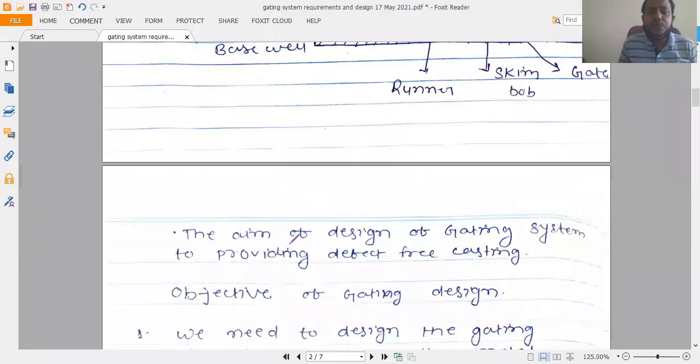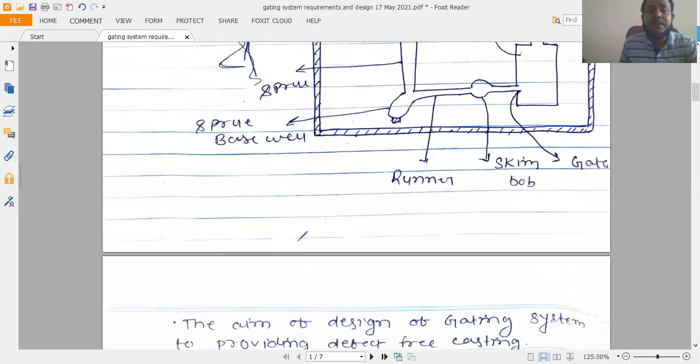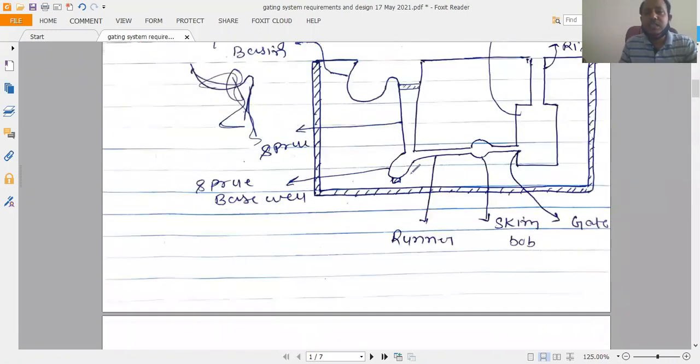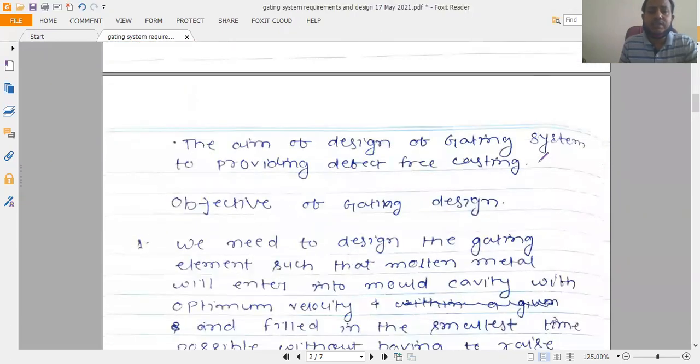The main aim of designing the gating system is to provide defect-free casting. When the casting is prepared, there should be no defects, or minimum defects, so that an economically perfect casting can be made. With the help of this gating system we can do it very easily.